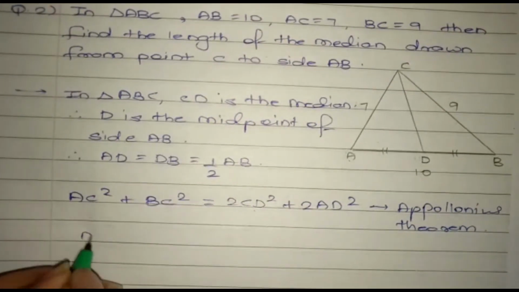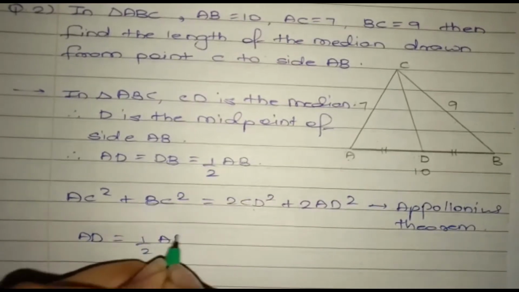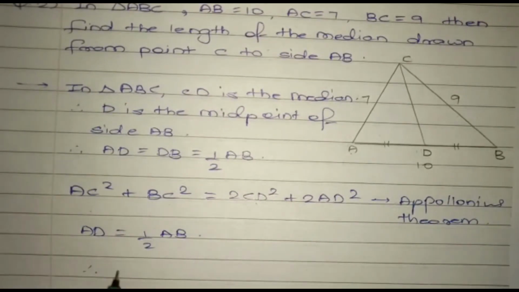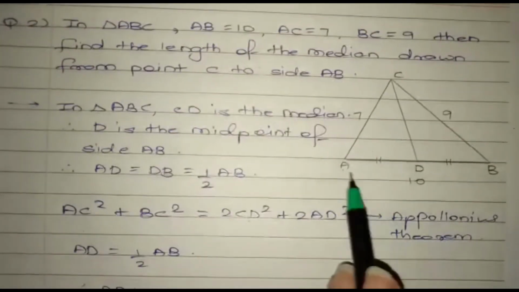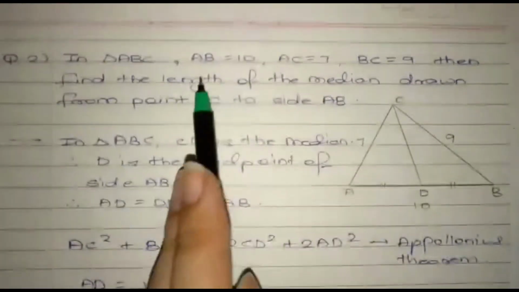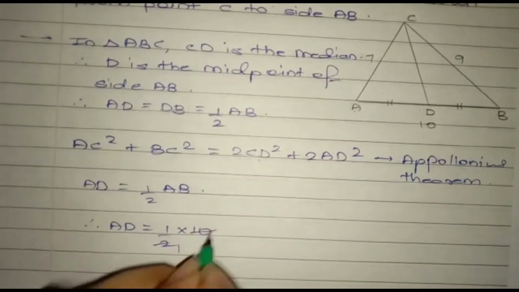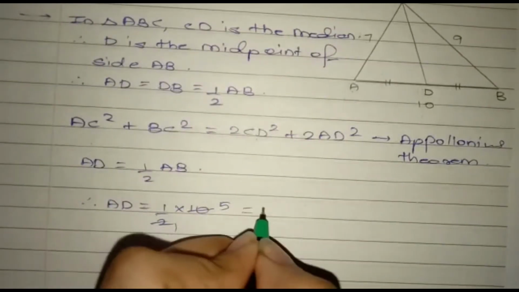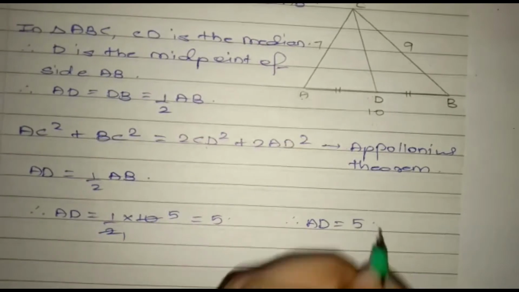So AD is equal to half of AB. Therefore AD is equal to half, and AB is 10, so half of 10: 2 ones are 2, 2 fives are 10, so AD is equal to 5.